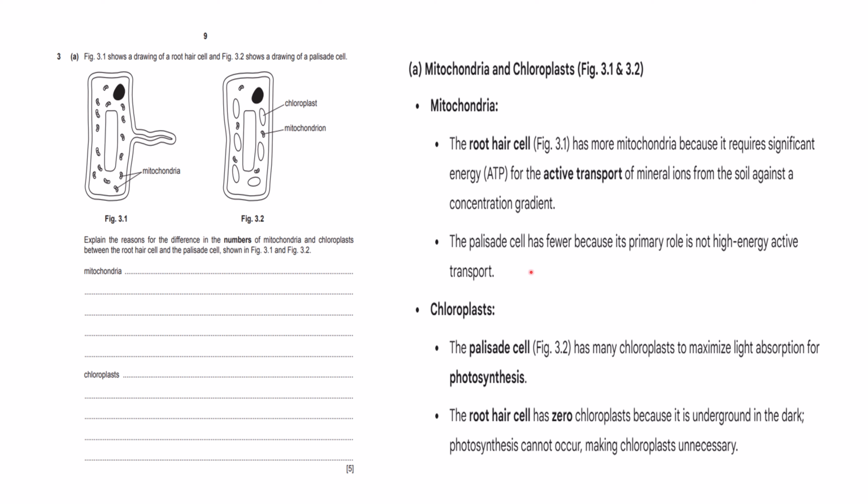The palisade cell has fewer because its primary role is not high energy active transport. Chloroplasts: the palisade cell, Figure 3.2, has many chloroplasts to maximize light absorption for photosynthesis. The root hair cell has zero chloroplasts because it's underground in the dark. Photosynthesis cannot occur, making chloroplasts unnecessary.